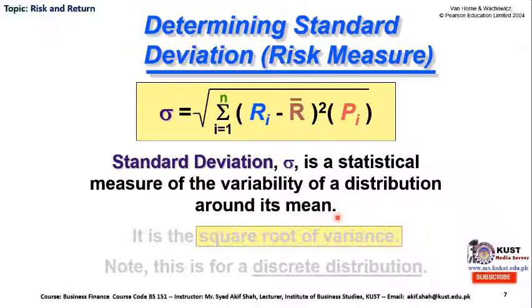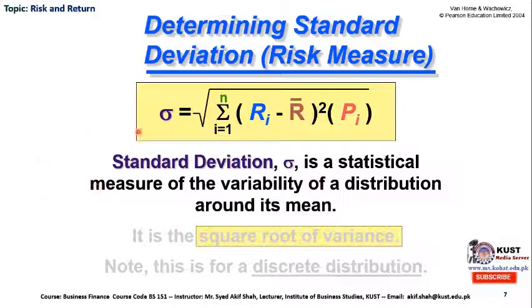One student might be on 85 marks, another on 55, the third on 70, and the average marks obtained by this class was 65. So the deviation from the mean score obtained in a statistics class is known as dispersion or variability around its mean. When this dispersion is calculated in percentage terms, it is known as standard deviation.